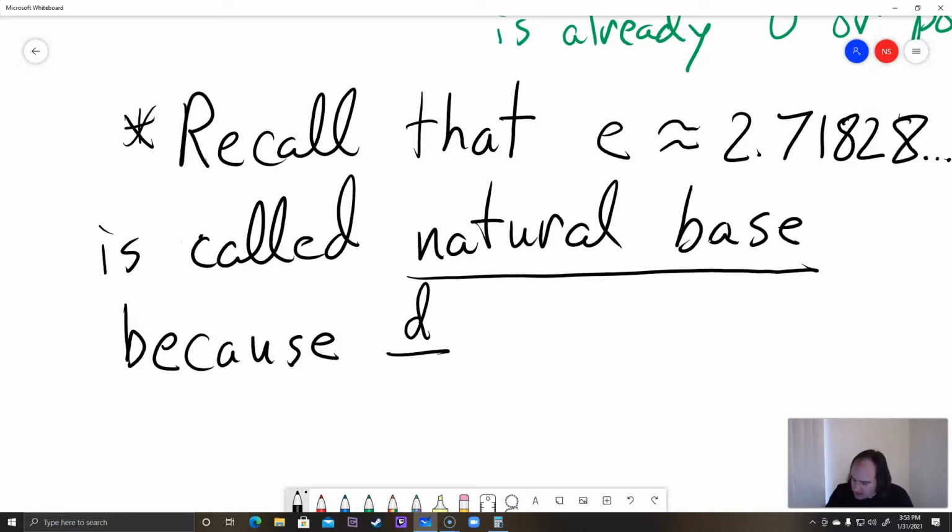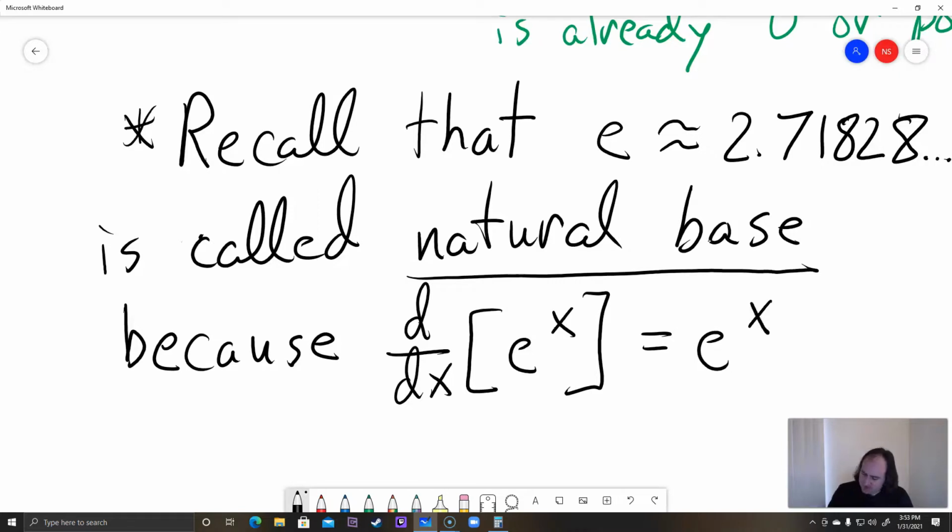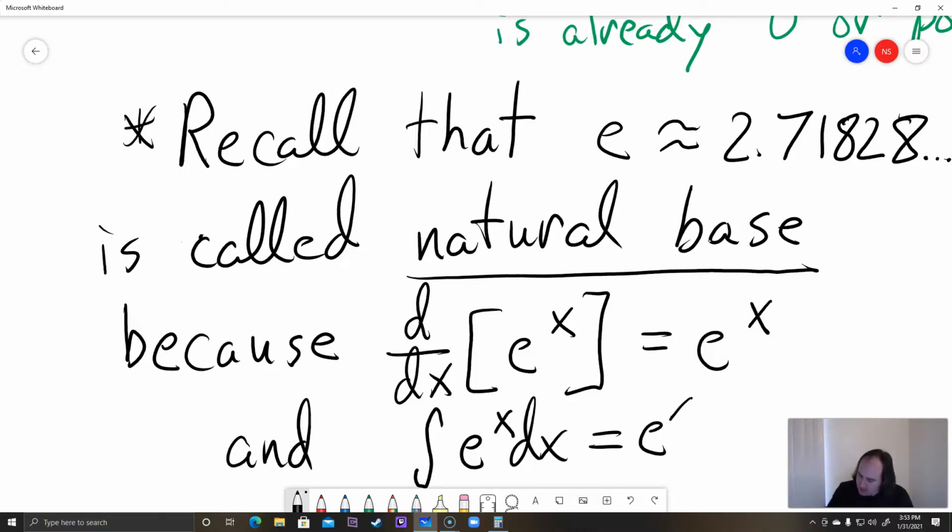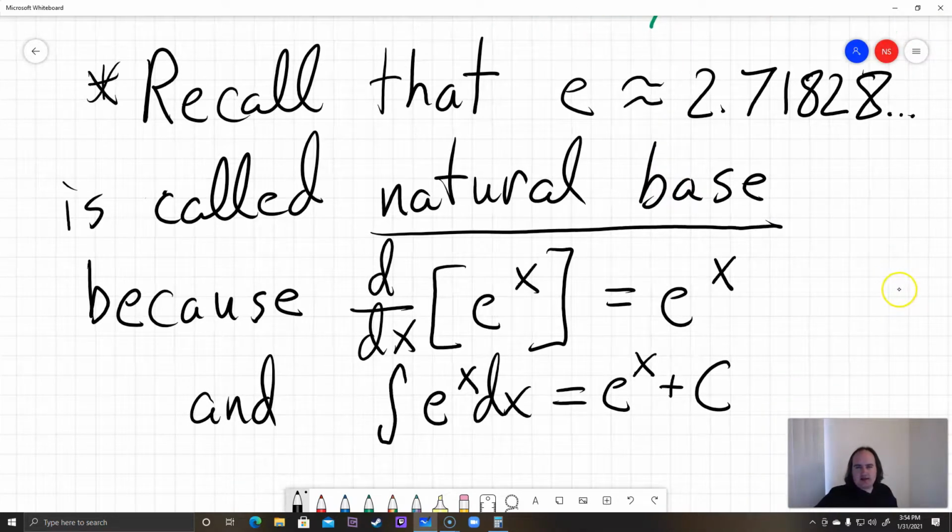It's a very cool function that way. d dx of e to the x equals e to the x. And also, the integral of e to the x dx is equal to e to the x plus c. I mean, there's other reasons why it's called the natural base, but that's one reason I like to teach.